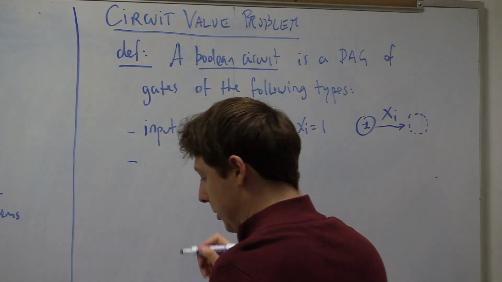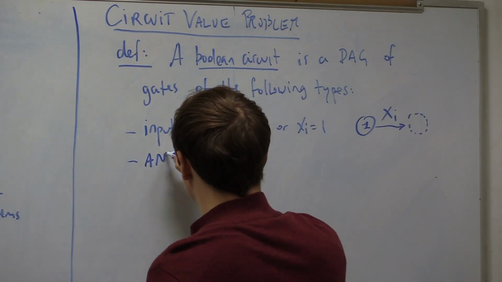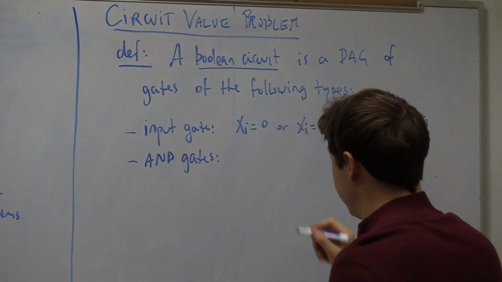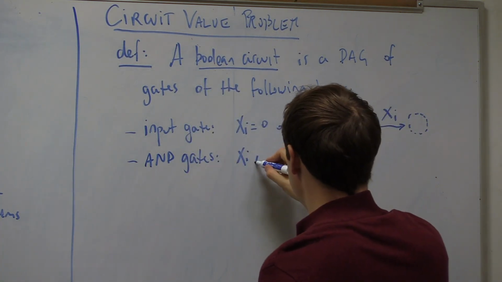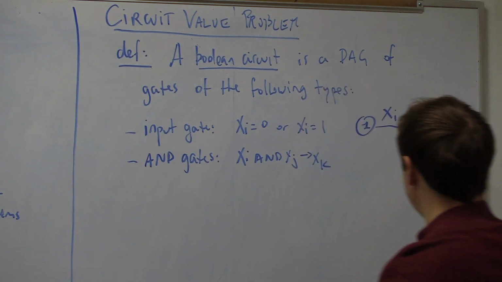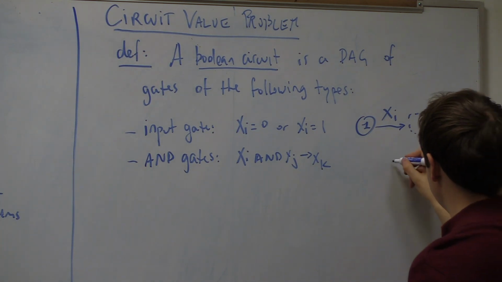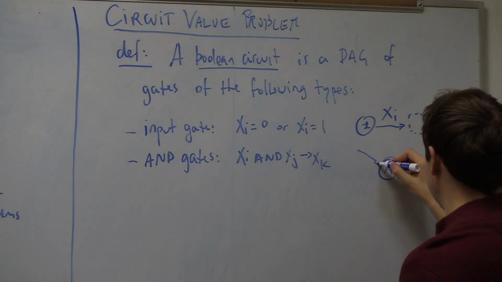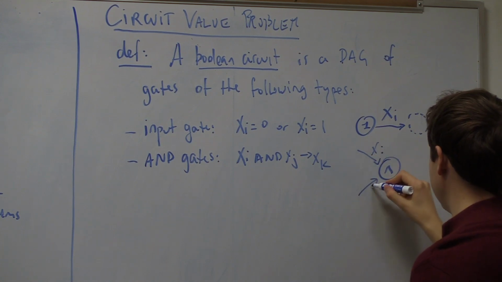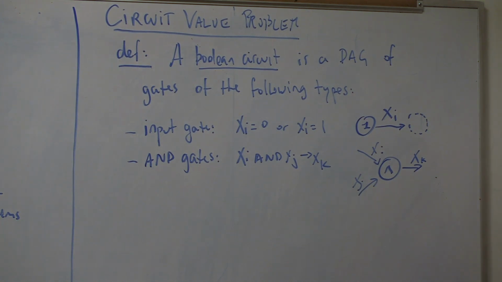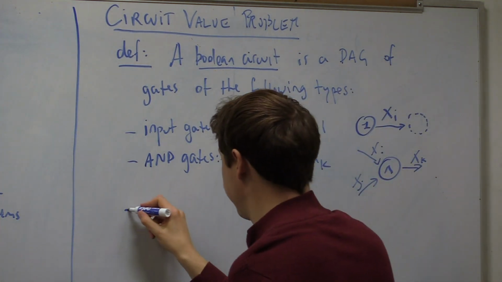You also have AND gates that specify that certain xi and xj should go to xk. In the directed acyclic graph, you can think about it as some gate labeled AND, with the wire for xi coming in, the wire for xj coming in, and the wire xk coming out. So this is represented this way inside the directed acyclic graph.